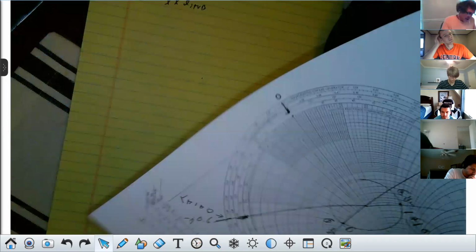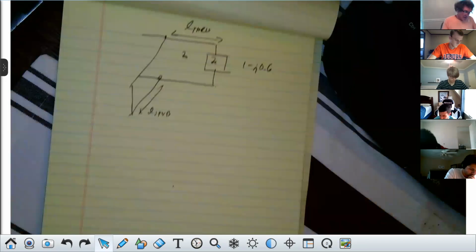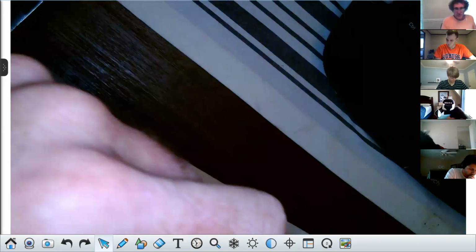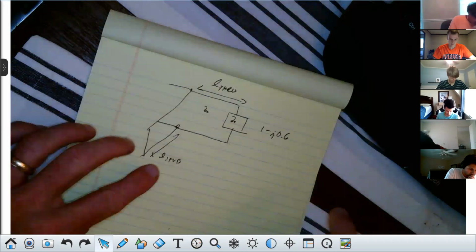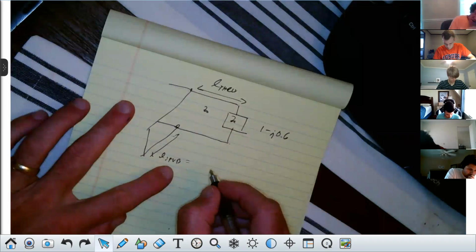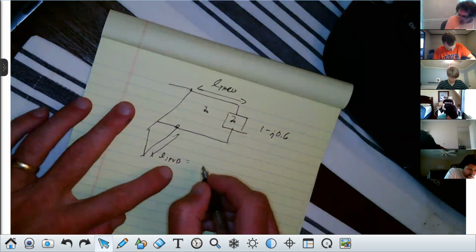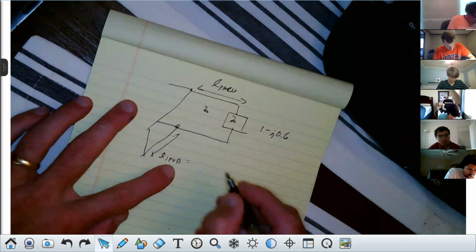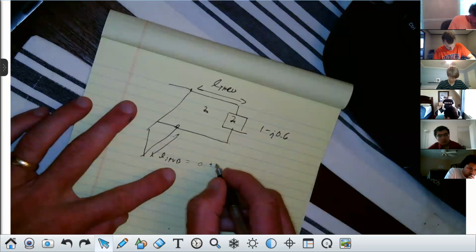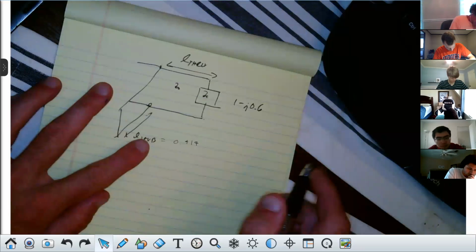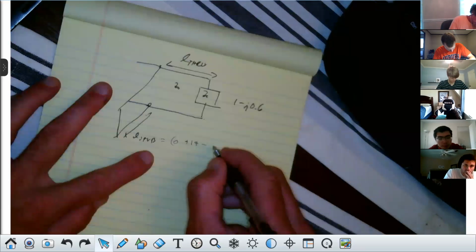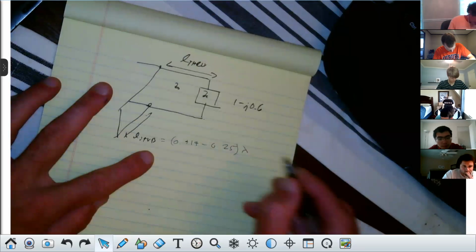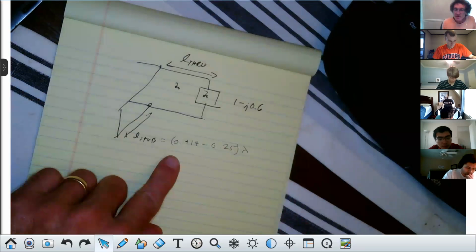Now, how far did I actually move? Well, because I'm adding a short circuit stub, my stub length would be what here? It would be 0.414, right? Minus 0.25, and that would be in terms of wavelengths. That would be the length of the stub, right?